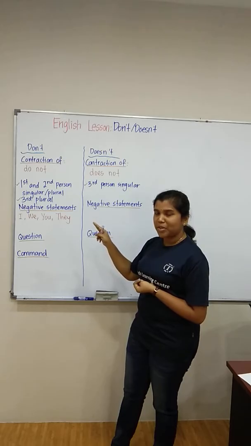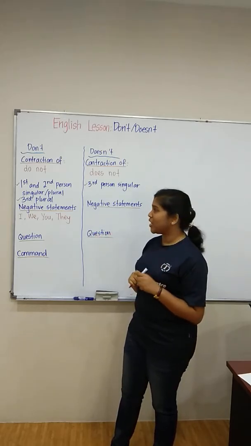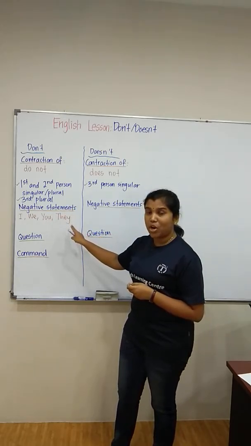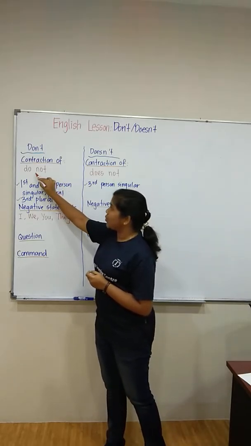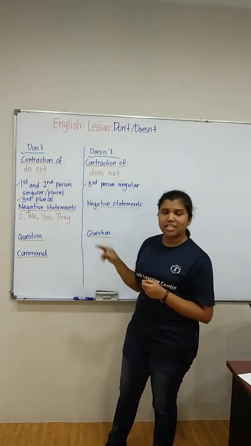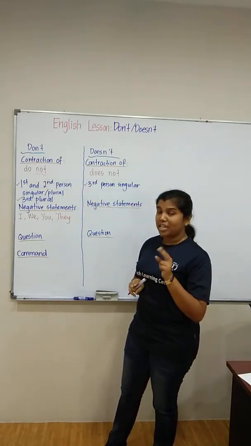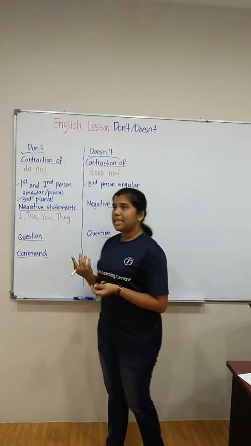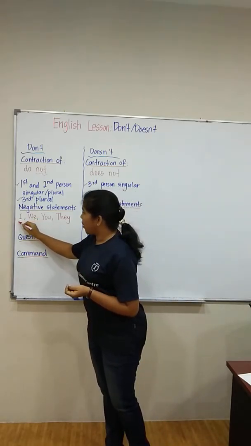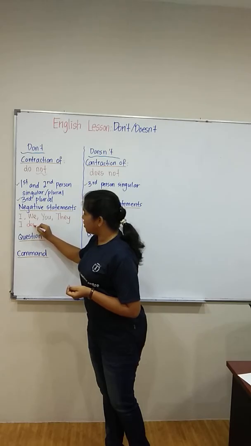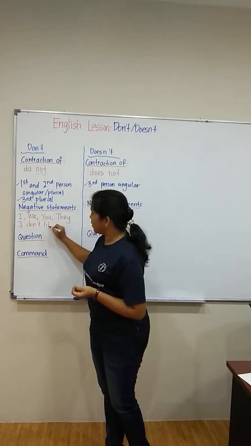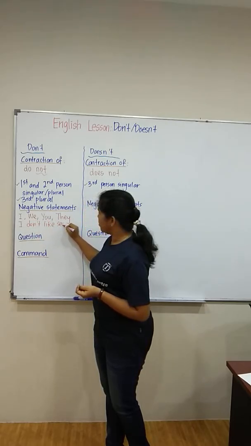do not. For example, I give you a negative statement, because when I see the word not, it means this is a negative statement. So one example of a negative statement: I don't like seafood.